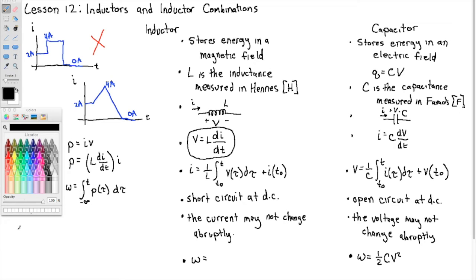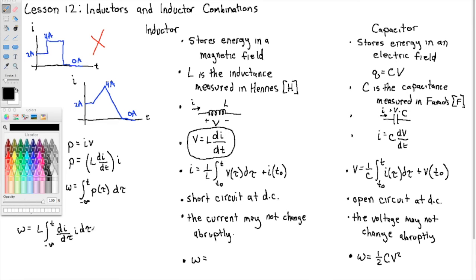And so this is, the L can come out in front. It's a constant, just like C was a constant for the capacitor. So this is now di/d tau, I d tau.